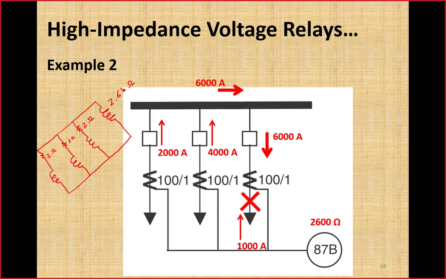Now we had assumed the fault is here in bus 3. The direction of fault current here will be upward in circuit A and its magnitude will be 20 ampere. That would also be upward here in circuit B. Its magnitude will be 40 ampere.